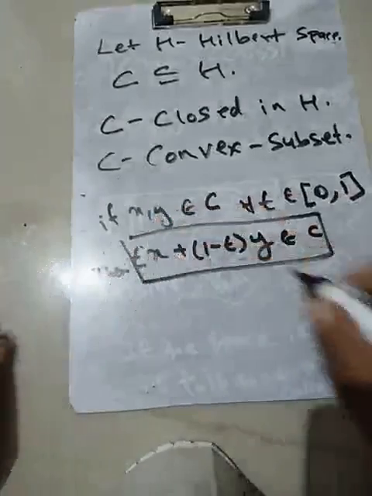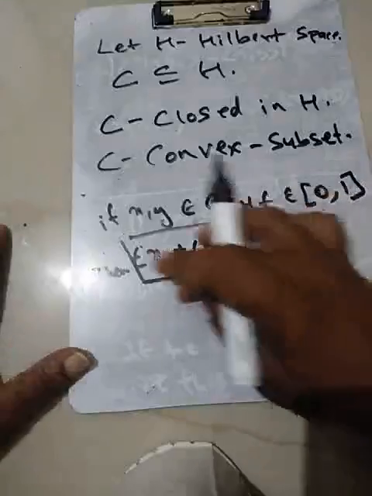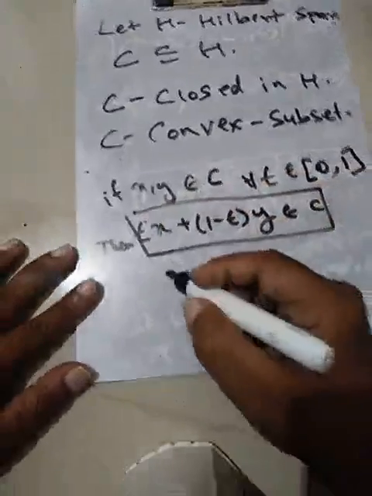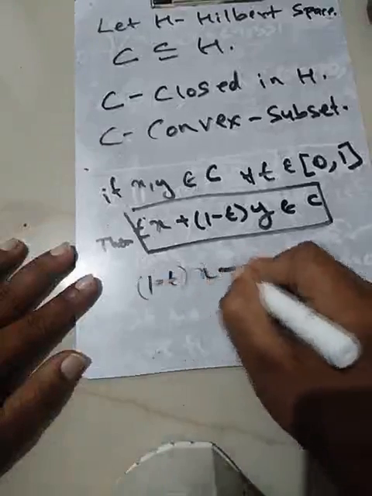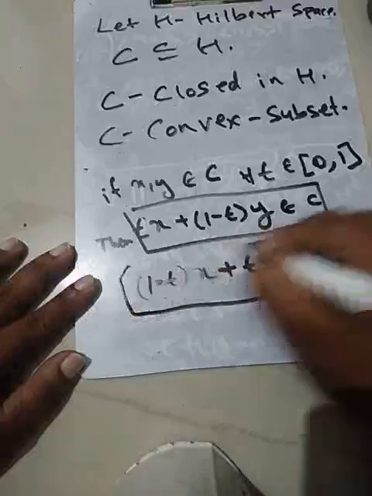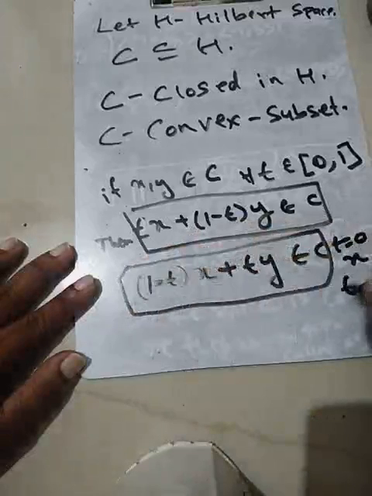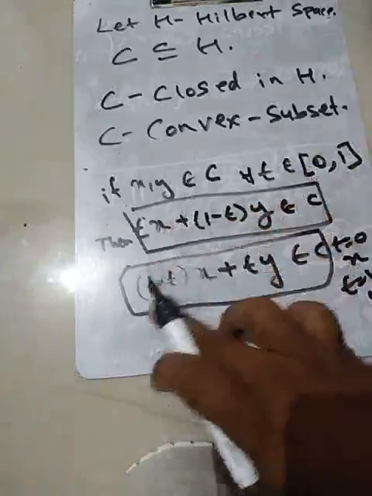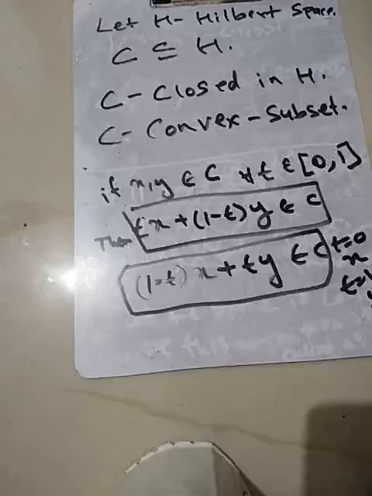This is the line joining X and Y. Alternatively, you can have (1 minus T) X plus T y belonging to C. At T equal to 0, the value of this is X. At T equal to 1, this is Y. So this traces the line joining X and Y. If this holds for all X and Y, this is the definition of a convex set.